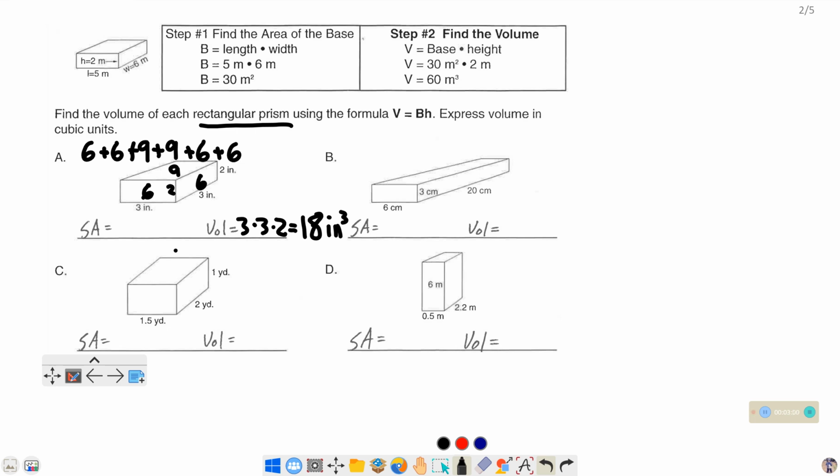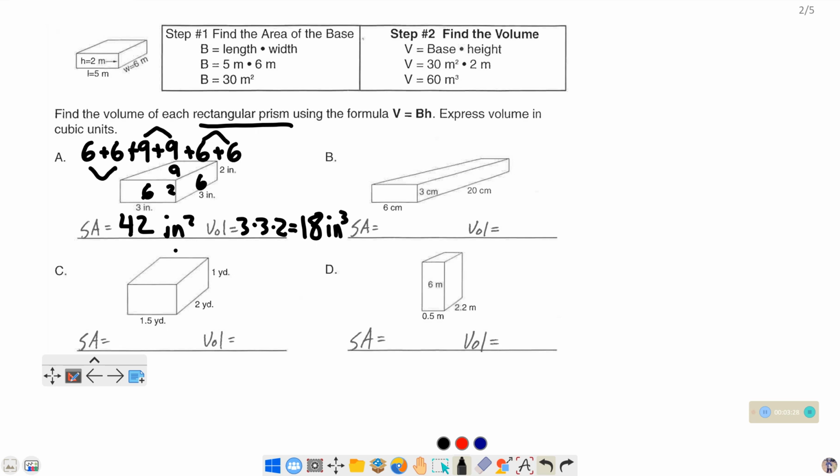Now there are shortcuts to this, but I'm not doing shortcuts because I want you to see that you have to account for all 6 of the faces. Now I can add these numbers up. There's 18, there's 12. 18 and 12 make 30, plus another 12 gives me 42. Technically, this is inches squared.